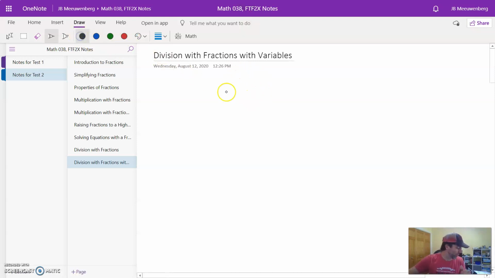Okay, so we're going to start off with 5x over 6 divided by 5. So, what we just learned in the last video was when you are dividing with fractions, you multiply by the reciprocal of whatever comes after that division sign.